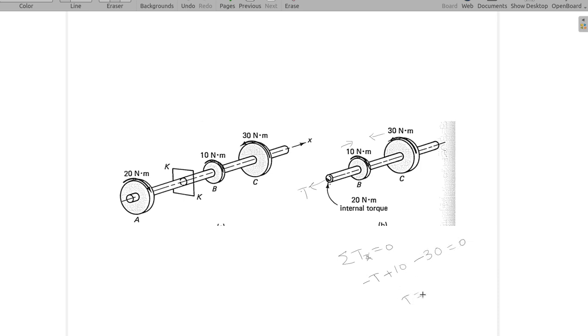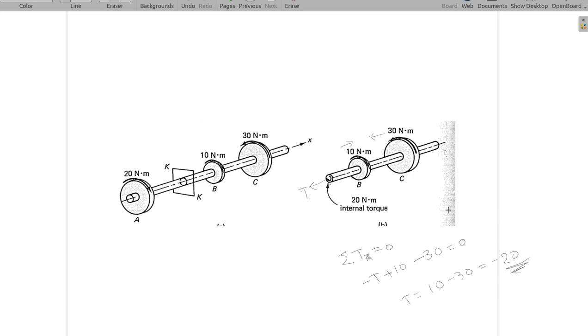That means T is equal to 10 minus 30, which is minus 20. So this is the internal torque here. It has a negative value, which means the direction we have assumed is wrong, and it has the direction the other way around.